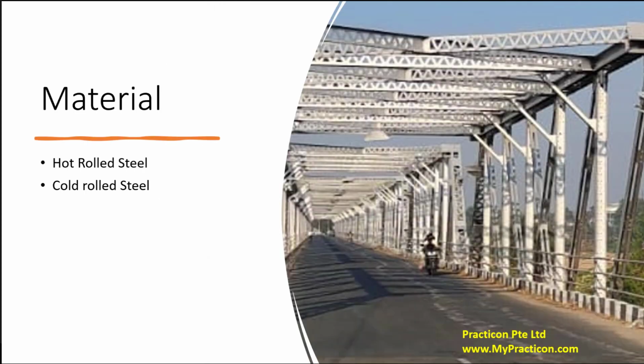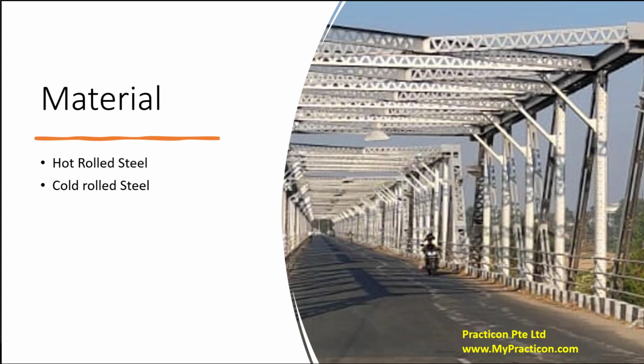Now coming back to the materials. The temperature of the process of making the sections classifies them as hot rolled steel or cold rolled steel, which are normally used in the steel construction industry. Hot rolled sections are processed under high temperature, and the shapes are prepared during the cooling process.